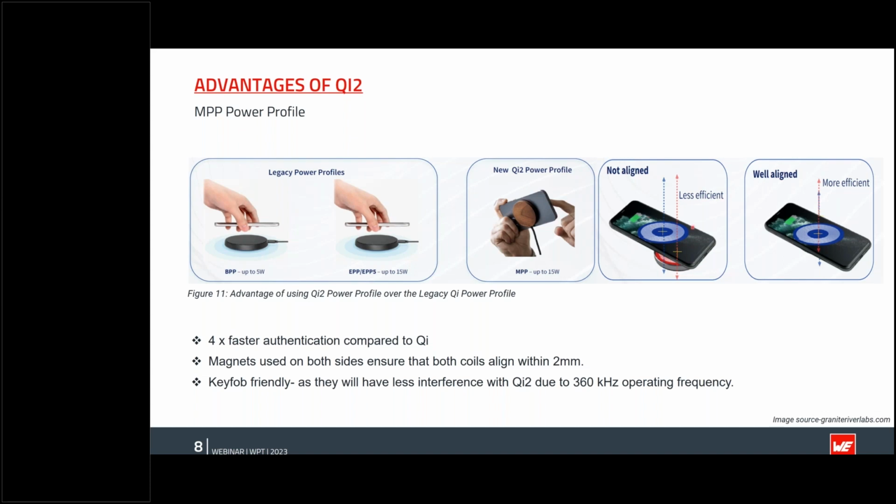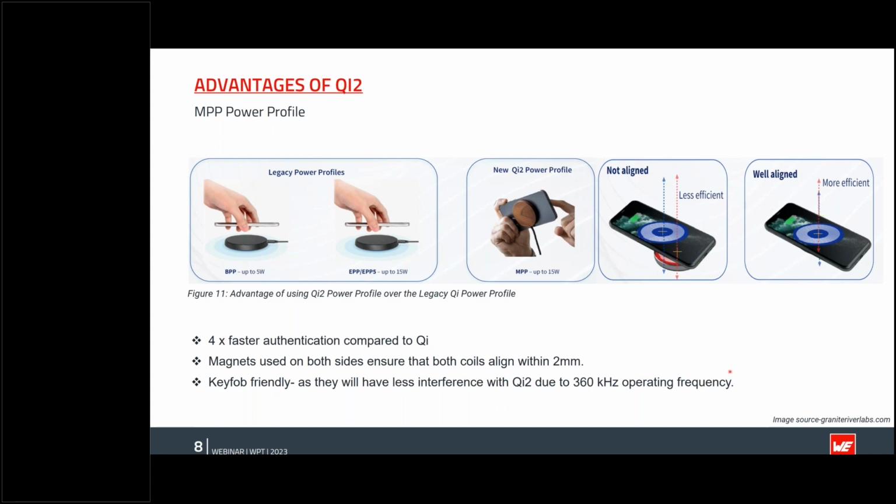So in this image, you can see if it is not aligned as shown, the coil below and the coil on the phone, the blue coil, show a misalignment between the two arrow marks showing the center points of the coils on the transmitter and the receiver, and it is less efficient. And when they are exactly aligned one on top of the other, then they are more efficient. So this itself is a big advantage with the Qi 2 power profile.